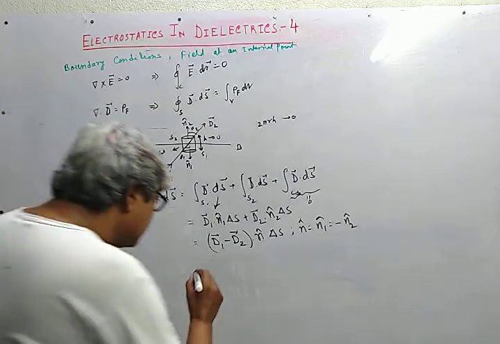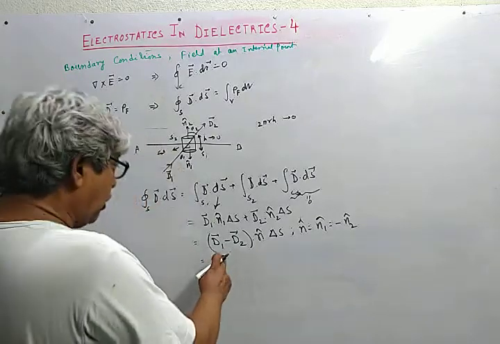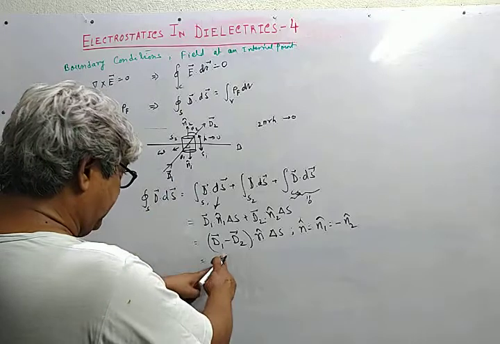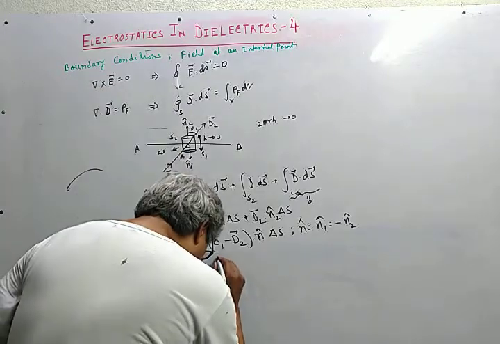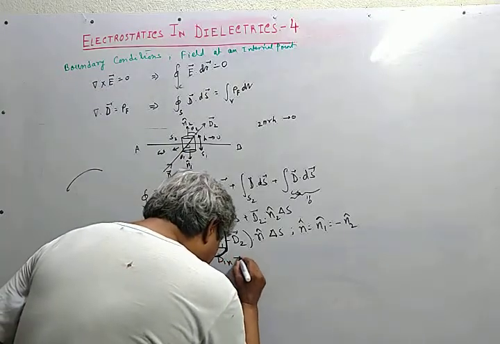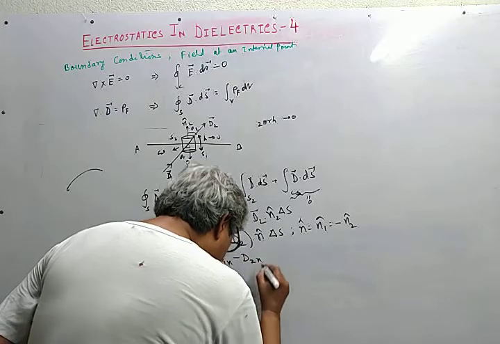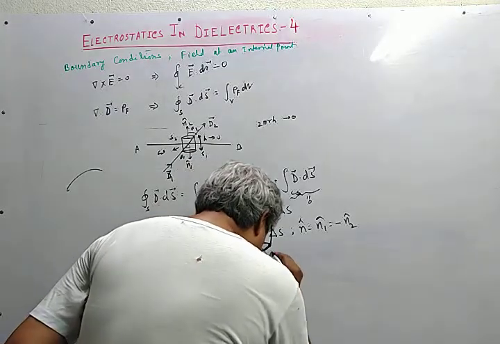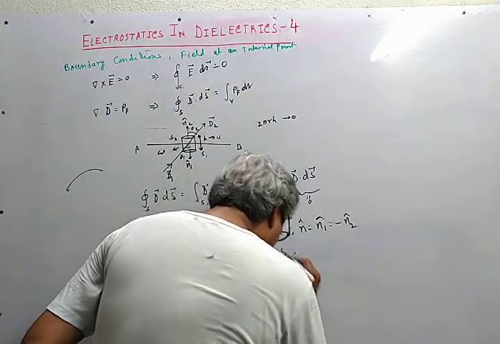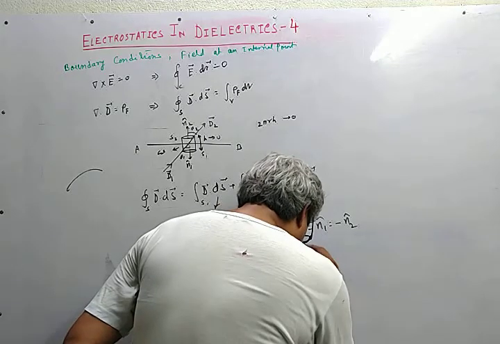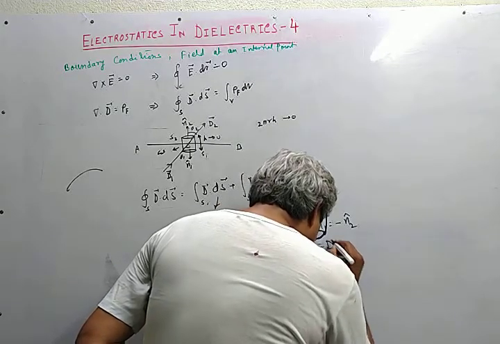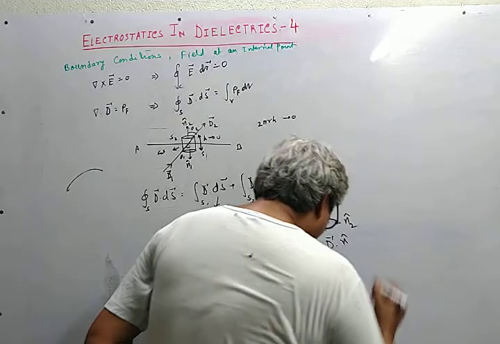In other words, this is D1n minus D2n times delta S. So we define the normal component Dn as the vector D dotted with n cap.